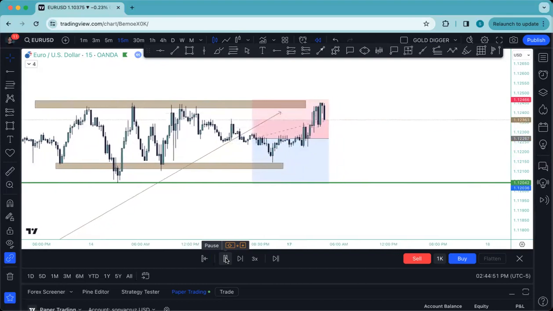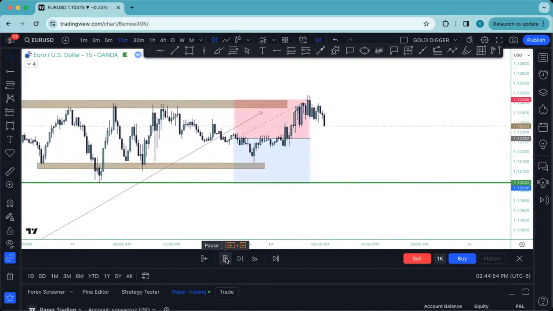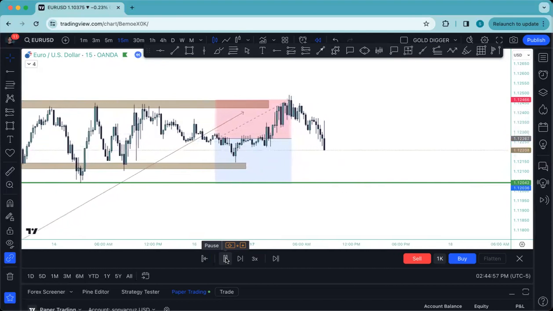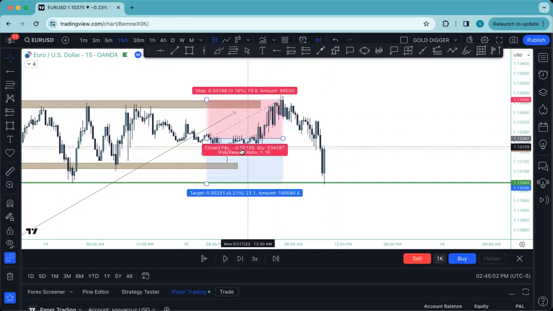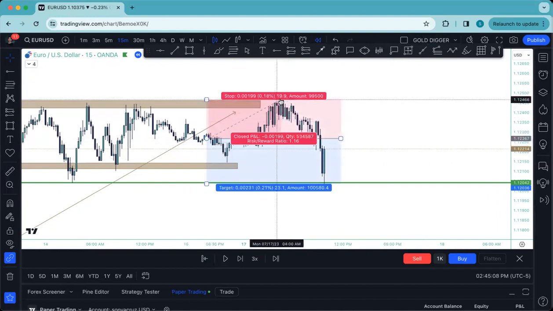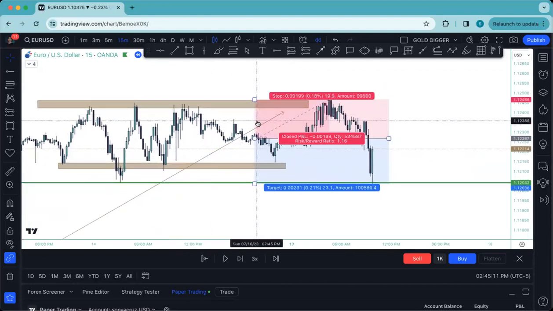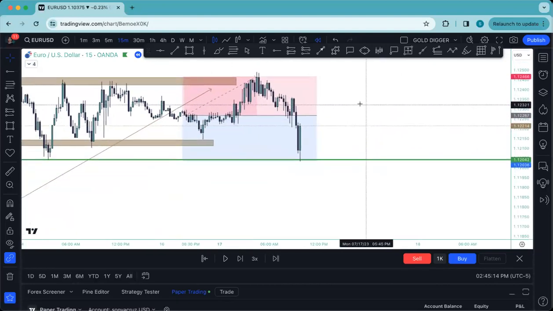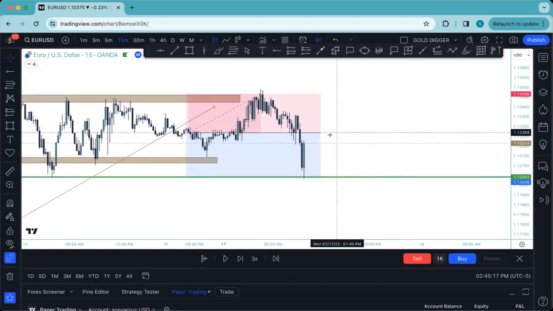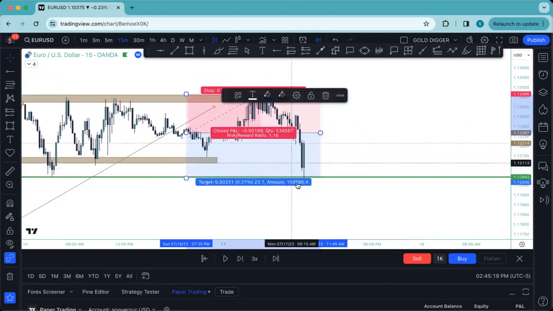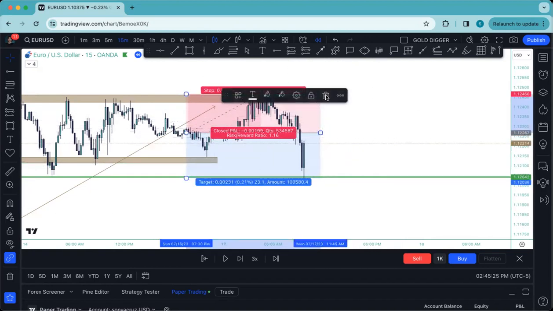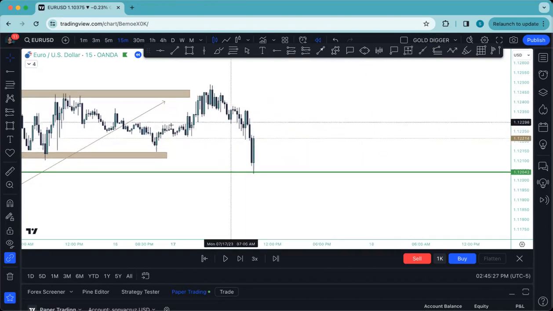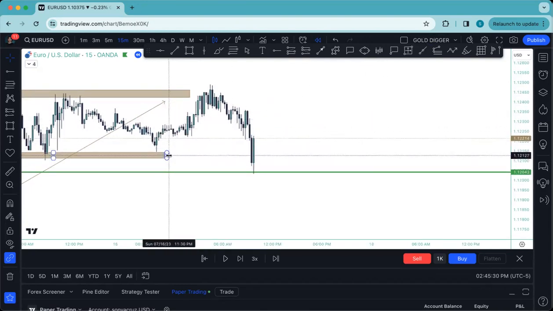Messing around right there. Ooh, and that was a stop loss. So it did grab that and we were not high enough. So that would have been a loss, right? Right there, it peaked out. And then it went and hit. I'm trying to get this off. Okay, so that is the importance of back testing.